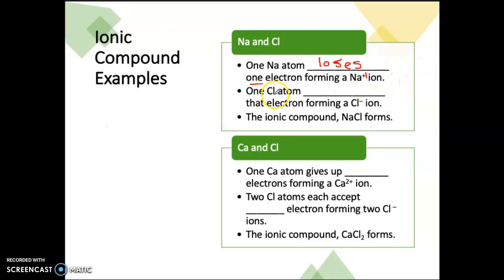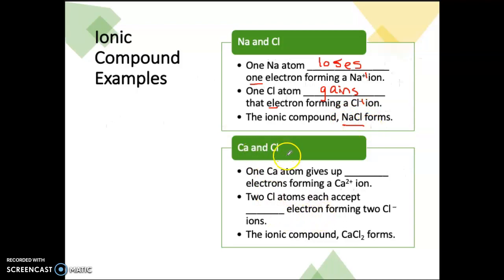Chlorine, which is in group 17, gains that one electron, and it ends up with a -1 charge. The +1 and -1 attract, kind of like magnets, and you get this neutral compound of sodium chloride.